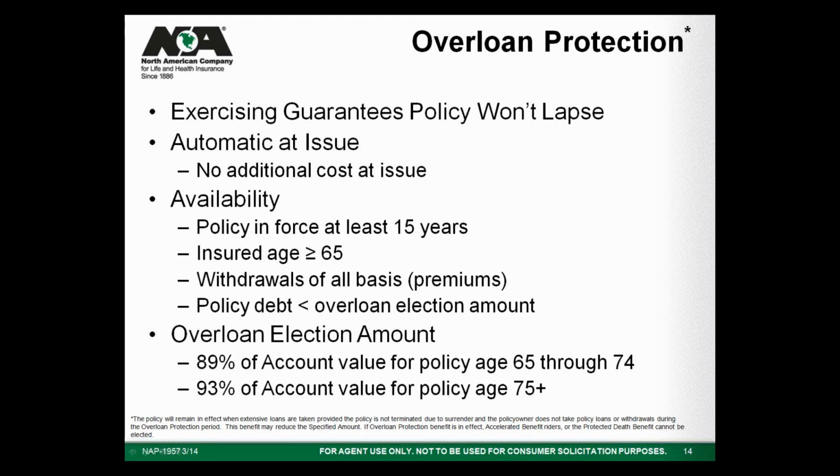So really what happens there is the overloan election amount is kind of the number we look at if they're going to take a loan. You have to have 89% of the account value for ages 65 through 74, or if it gets below 93%, age 75 plus. Basically, the reason individuals use life insurance to take loans out is the favorable taxation, tax-free loans.